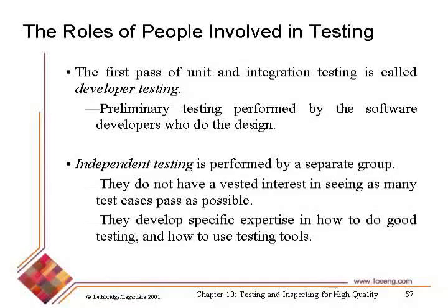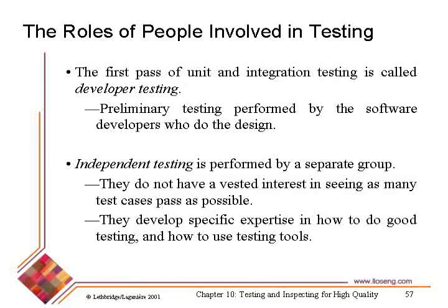In the testing process, we generally say that there are a number of different roles. On this slide, slide 57, we have two main roles, developers and independent testers. And the key thing here is to realize that there should be, in any decent organization, an independent testing group. There should be, even if it's a small company with just 3 or 4 people, somebody who is designated to do testing who isn't the person who originally developed the software.